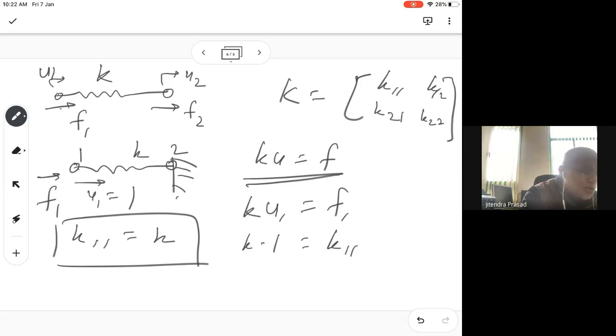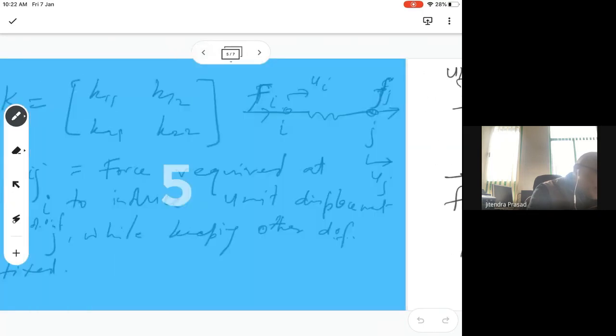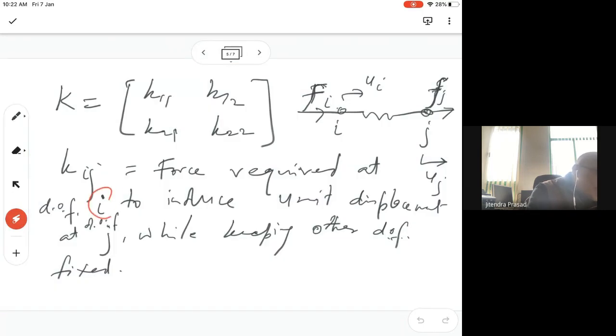Now let's look at what is the value of K12. Let's go back to the definition. Now remember that I and J are interchangeable. You can talk the same way. So now force required at degree of freedom I to induce unit displacement at degree of freedom J while keeping other degree of freedom fixed.